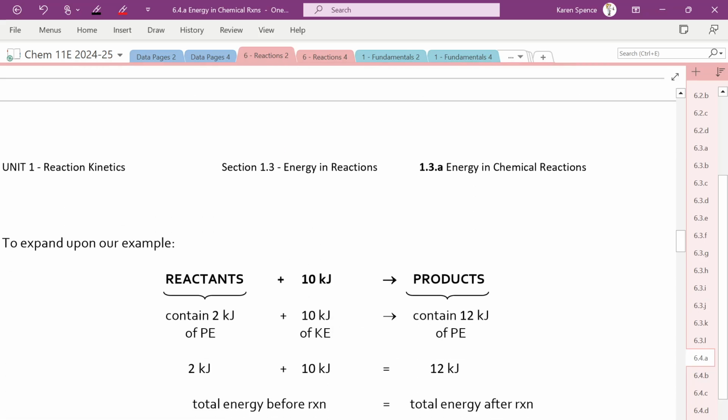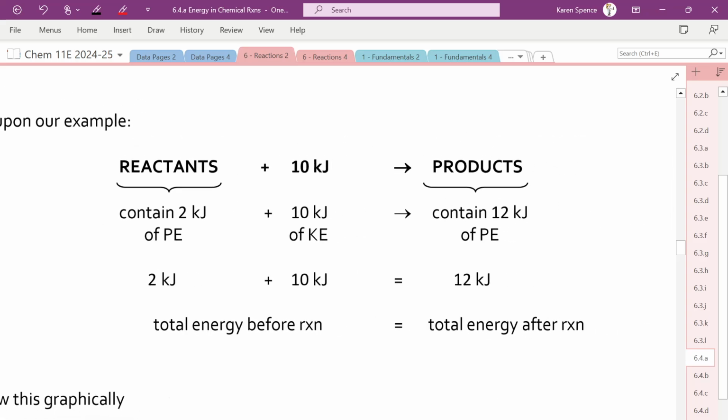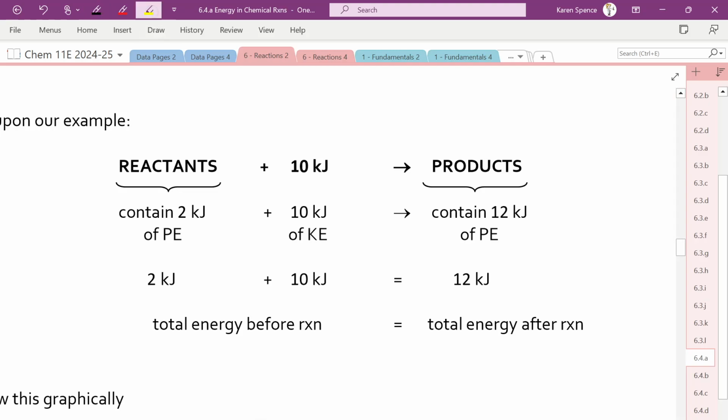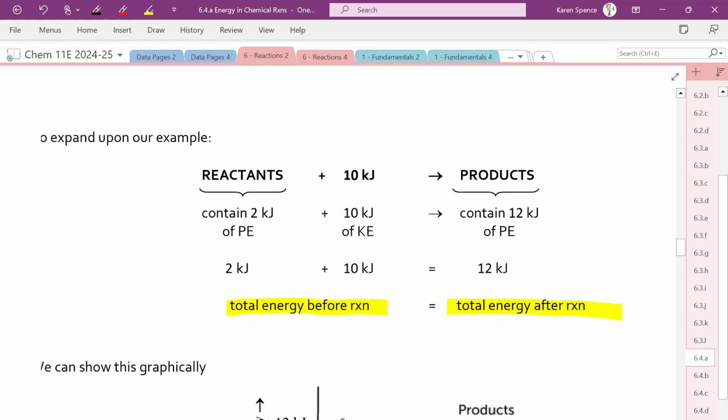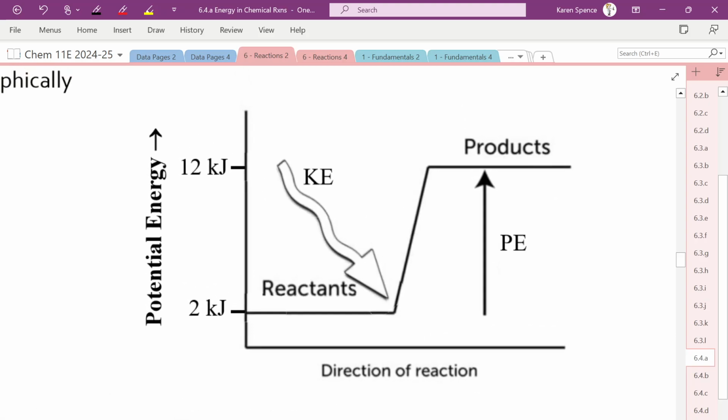All right. Now, we've just kind of written all of this on here. The total energy before is the same as the total energy afterwards. And we can show this on a graph. So here's our graph, and what we put on the left-hand side is the potential energy on the y-axis.